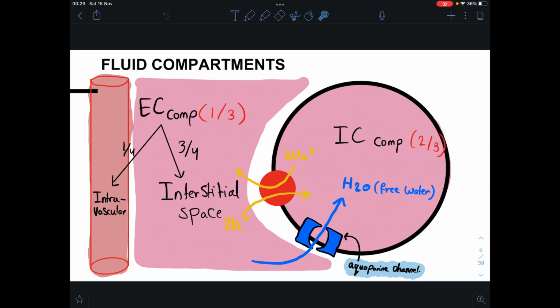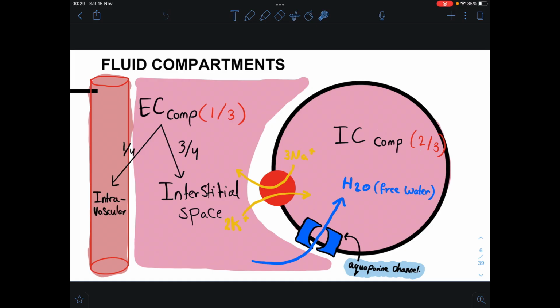That's the idea behind a semi-permeable membrane, and that's why sodium is an effective osmolar substance with high tonicity. It's because it cannot pass instantly through cells.